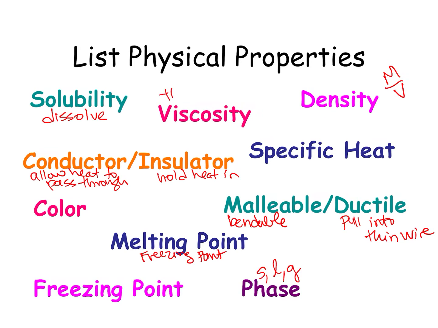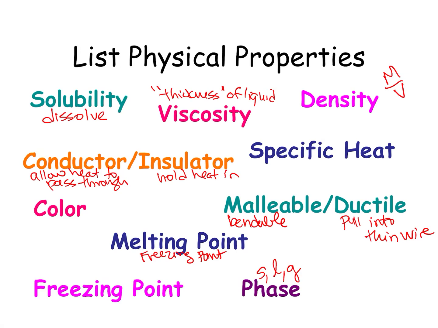Viscosity. So this has to do with thickness of a liquid. So something that's very viscous is something like corn syrup or honey, which is very thick.